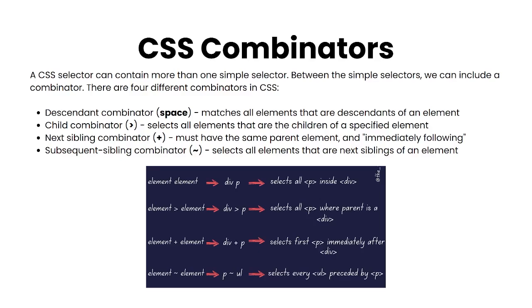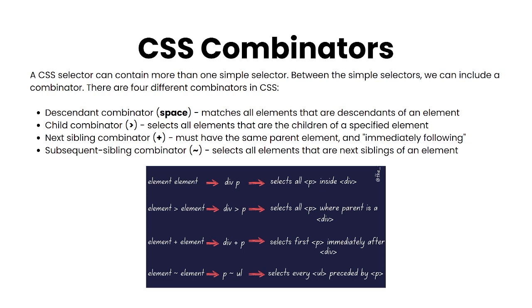Let's dive right in. We're going to be looking at CSS combinators, which allow you to style multiple elements at the same time. You have the descendant combinator, which matches all elements that are descendants of an element.